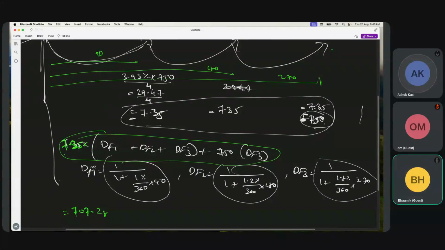It should come to 761.95. I have taken 7.36 in my book, maybe because I wrote 7.36.